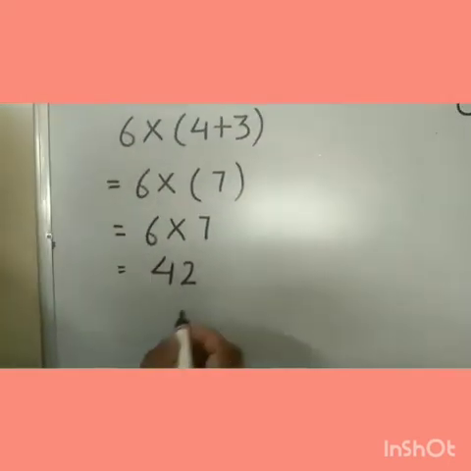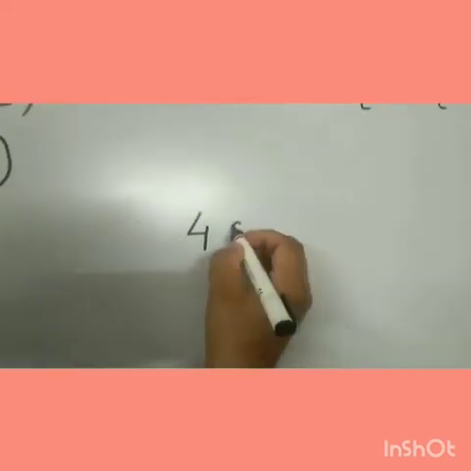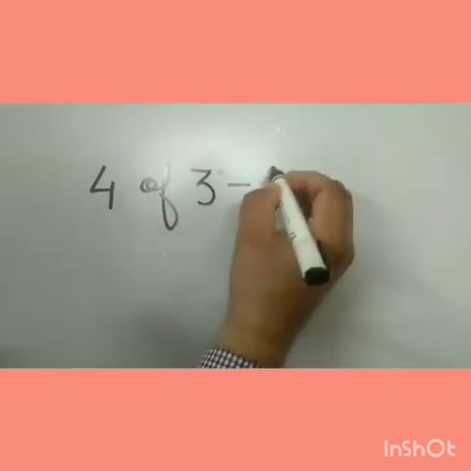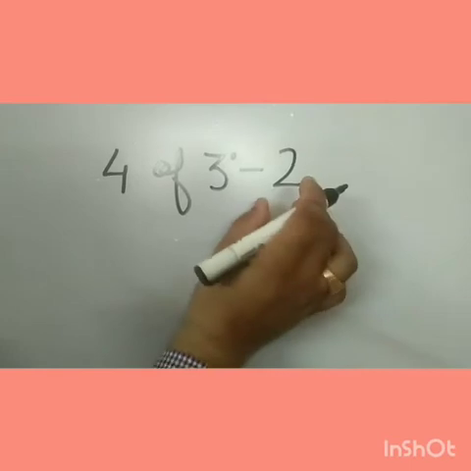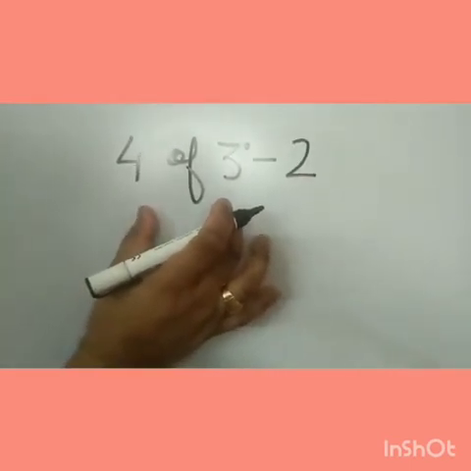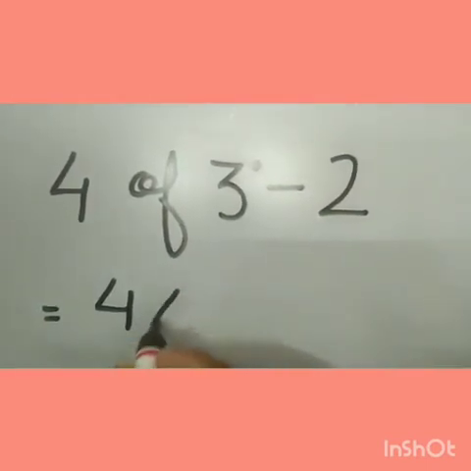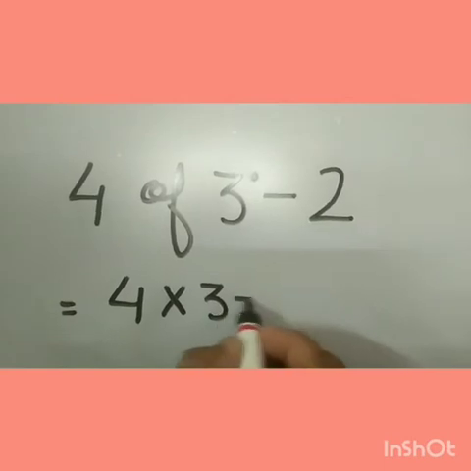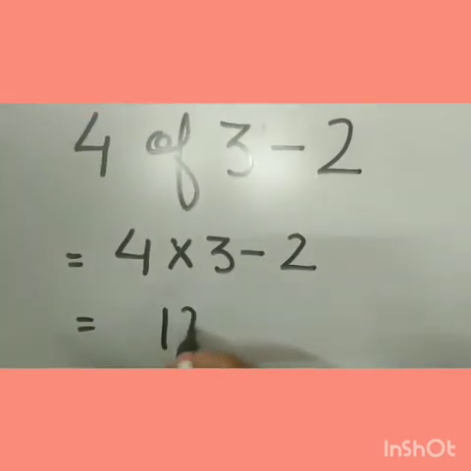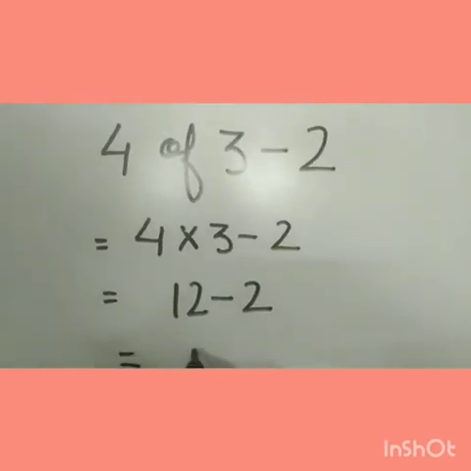Similarly, if "of" is given to you, 4 of 3 minus 2. Before subtraction, we have to do "of". Of means multiplication. 4 multiplied by 3 minus 2 is equal to 12 minus 2, and your answer will be 10.